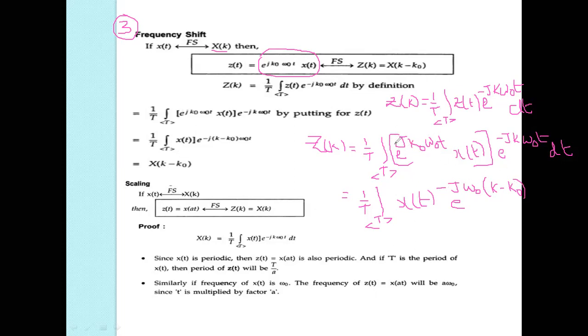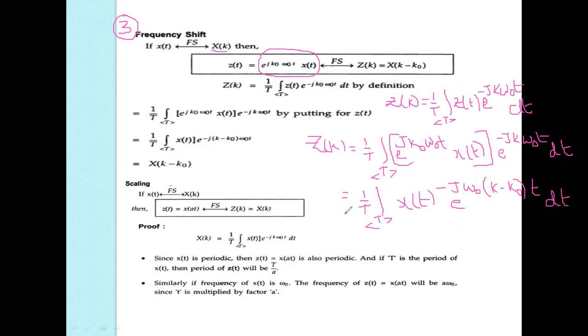For k naught, the exponential is a plus here, and into the t also. So the three terms have a common e power j omega naught t. I take here the e power minus, so minus into plus wherever the k is there, and wherever the k naught is present, there is a plus, minus into minus is a plus, dt.